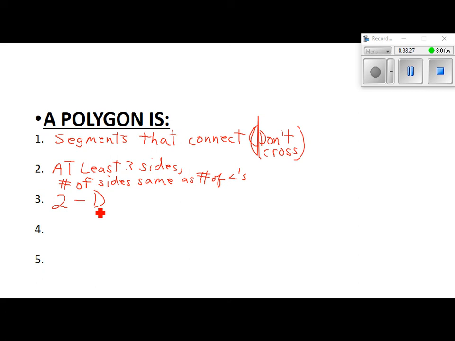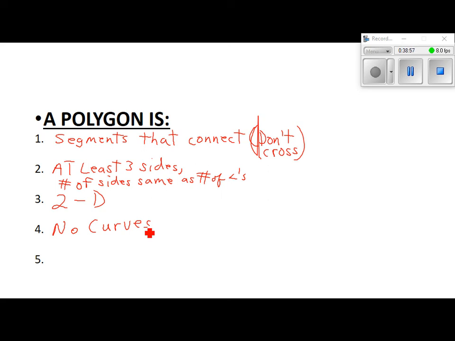What else? The first one, you had to hear something in it because it said don't cross. That's what the first one told you, no crosses. What else did they say it couldn't have? No curves? So you got segments that connect, don't cross, at least 3 sides, sides and angles the same number, 2-dimensional, no curves.